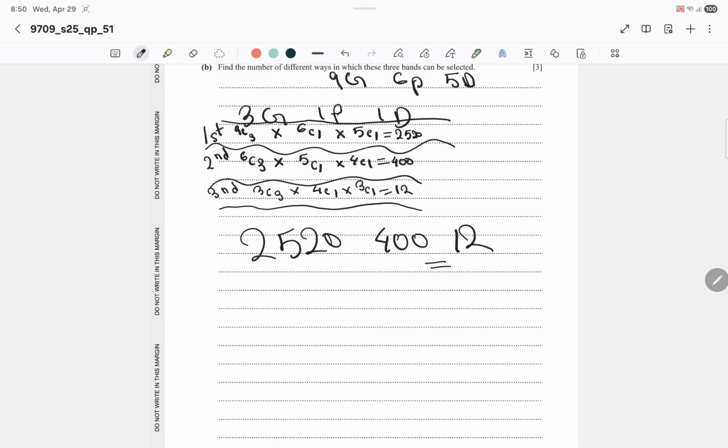On the first band you take this, and so to multiply all of this, you get a very large value, which is the answer, 1209600. This is your final answer.